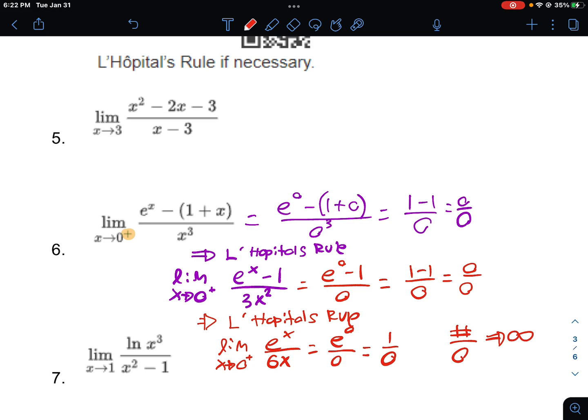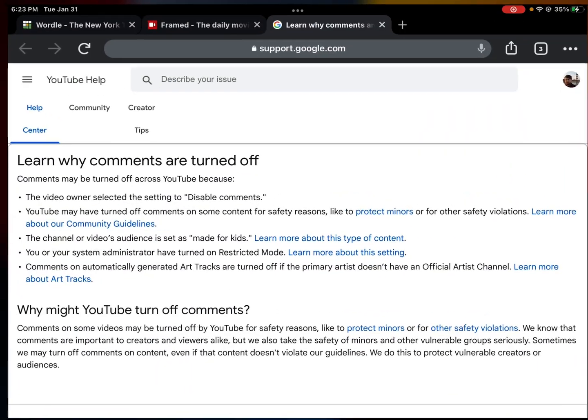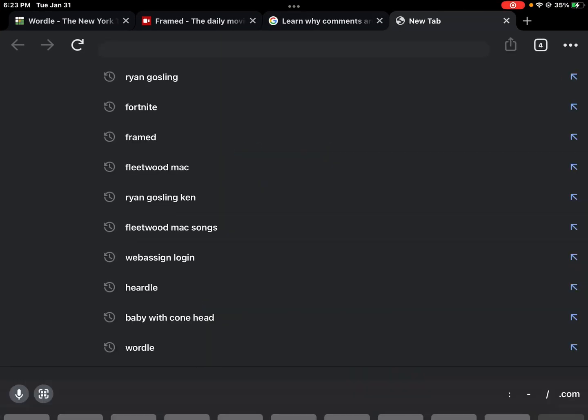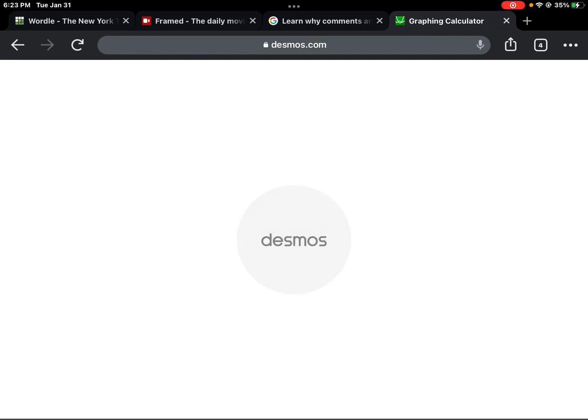If you guys would like to look at this, we can always take a look at the graph of it just to see. So let me go ahead and go to Desmos with you guys. Let's go to Desmos, graphing calculator.